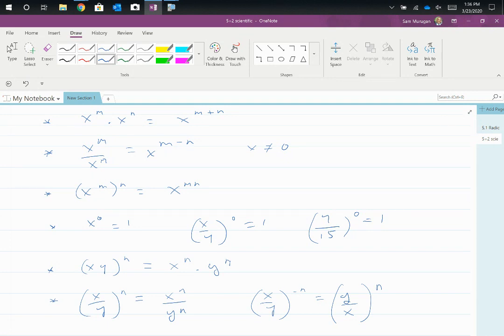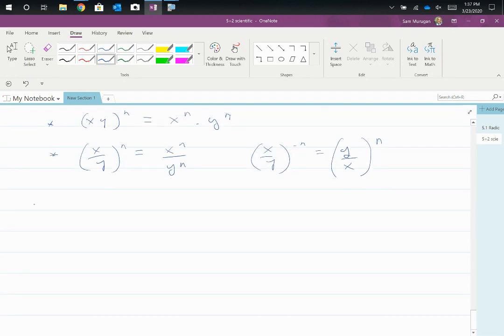So let's look at a few problems related to this section. Example: x to the power 2 over 3 times x to the power 1 over 4.